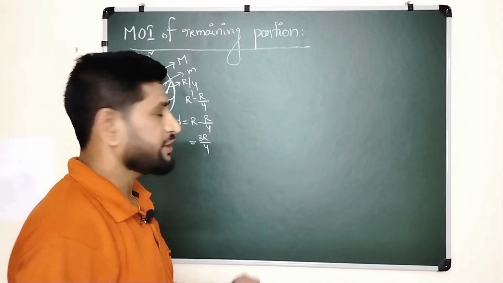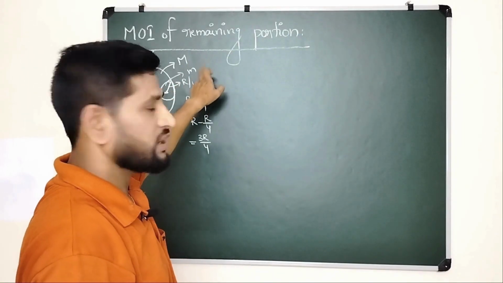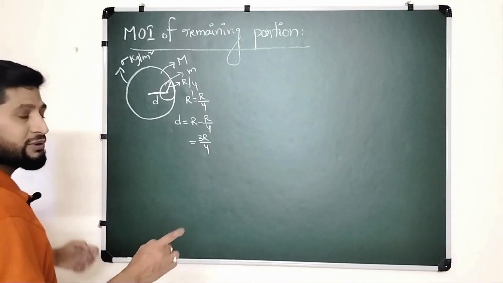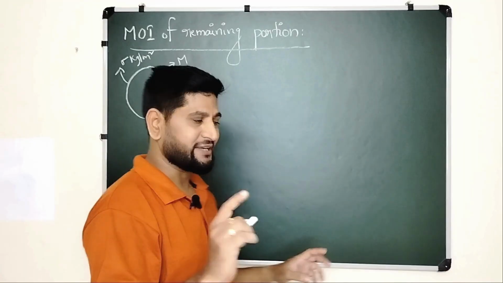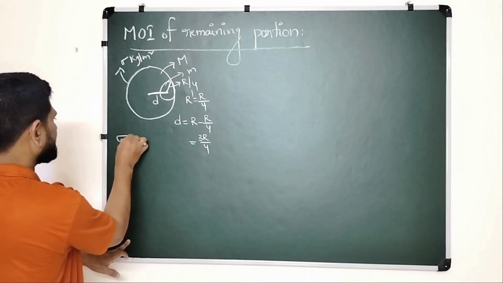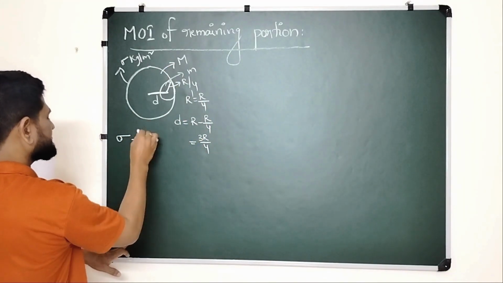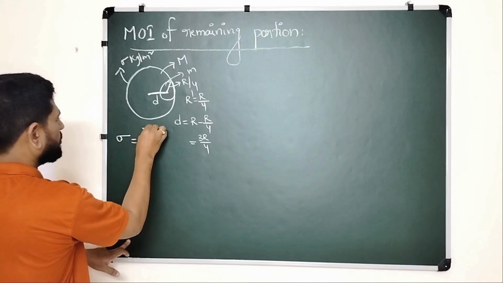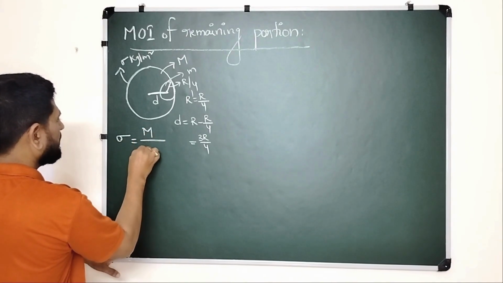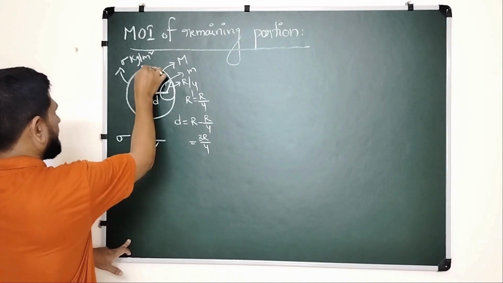Now we need to find out the capital M value and the small m value. So consider the density sigma. Sigma is equal to, first case, the mass of the whole disk, that is M by pi r square.